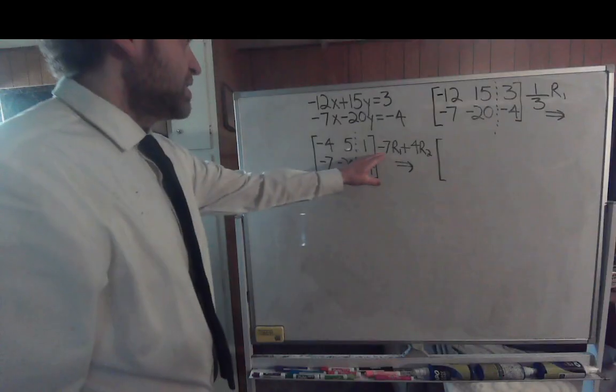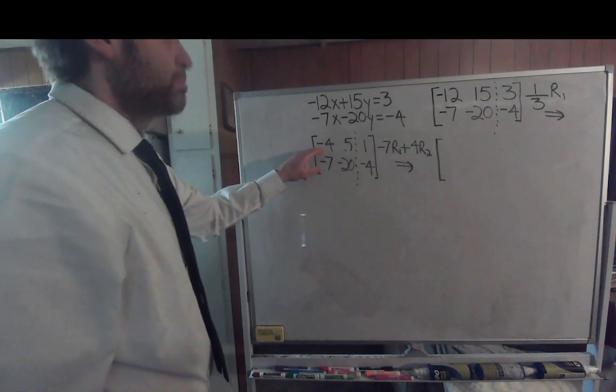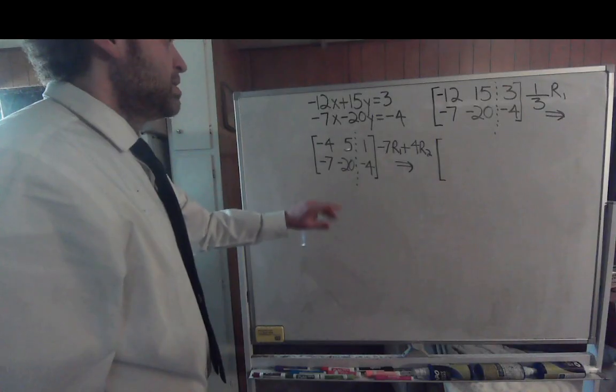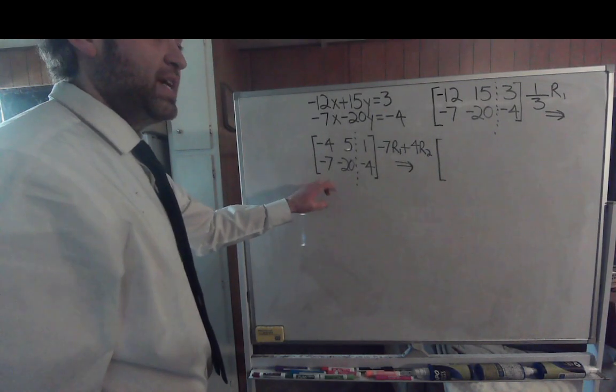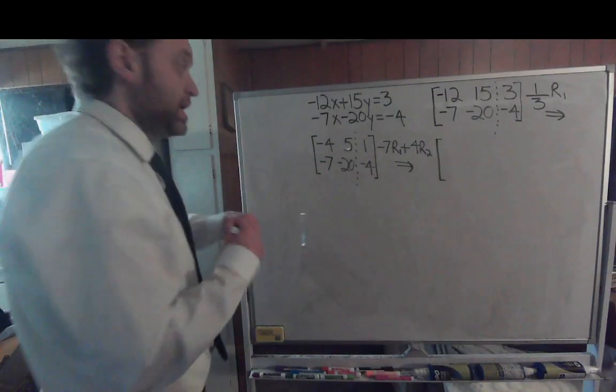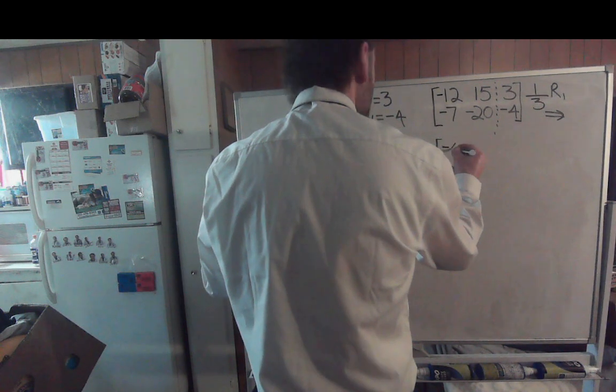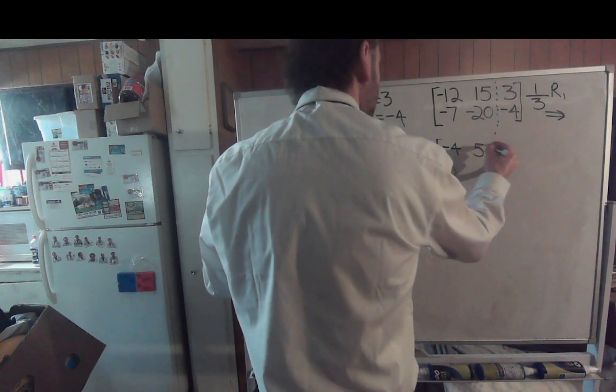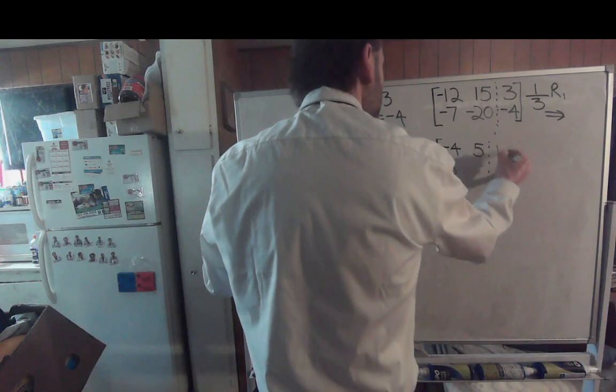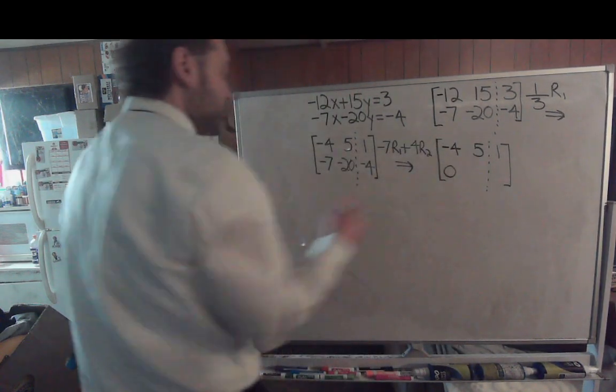Alright, so negative 7 times negative 4 is what? Positive 28. Plus 4 times negative 7, which is negative 28. 28 minus 28 is simply 0. Whoops, let me write in row 1 here, since we aren't changing that yet. My bad. So we got 0 for the first digit.